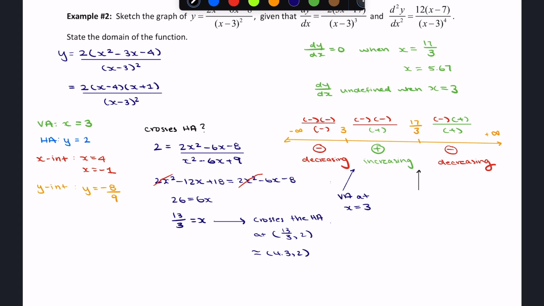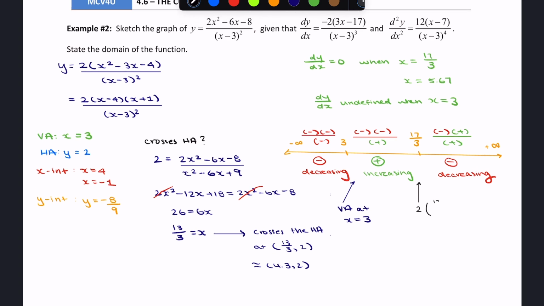And so if we sub 17 over 3 into our equation right here, 2 times 17 over 3 minus 12 over 3, plus 17 over 3, plus 3 over 3.